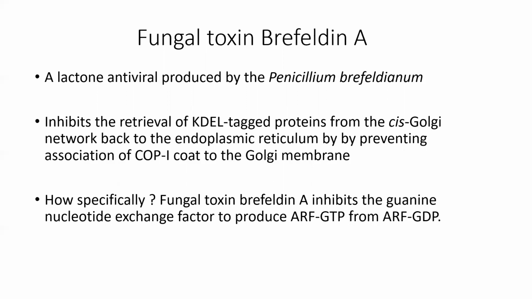So how is it really working specifically? Well, the fungal toxin Brefeldin A inhibits the guanine nucleotide exchange factor from producing ARF-GTP from ARF-GDP, as I described earlier. It blocks the process, so the vesicle from the Golgi apparatus can no longer be delivered back to the ER by retrograde movement anymore. So that's how it works.